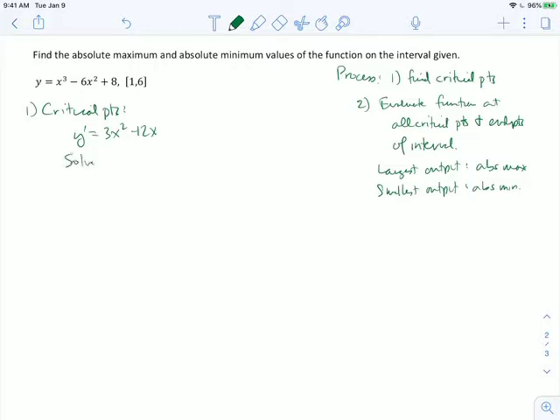I will solve y prime equals 0. And I'll notice that this factors as 3x times x minus 4. I can pull the common x out. And so x equals 0 and x equals 4. Those are my critical points.